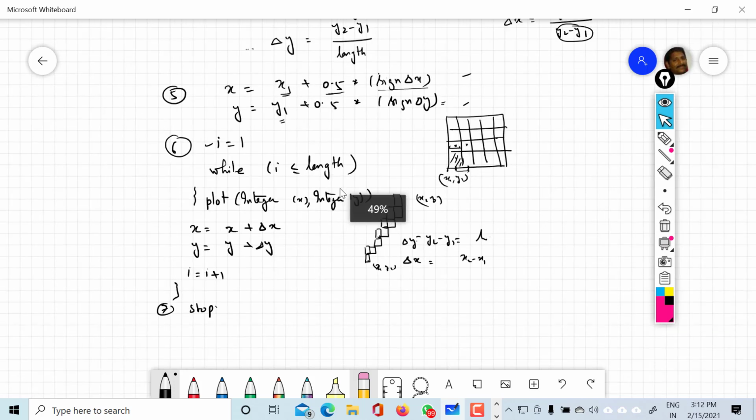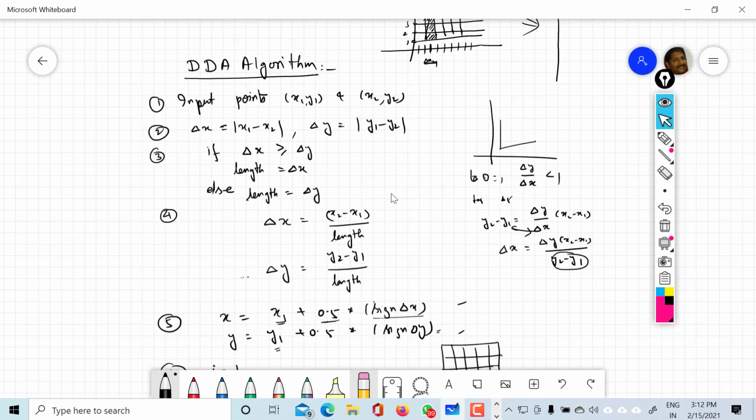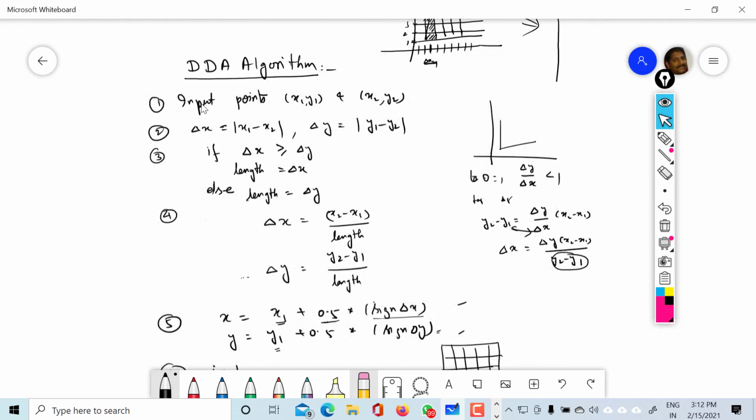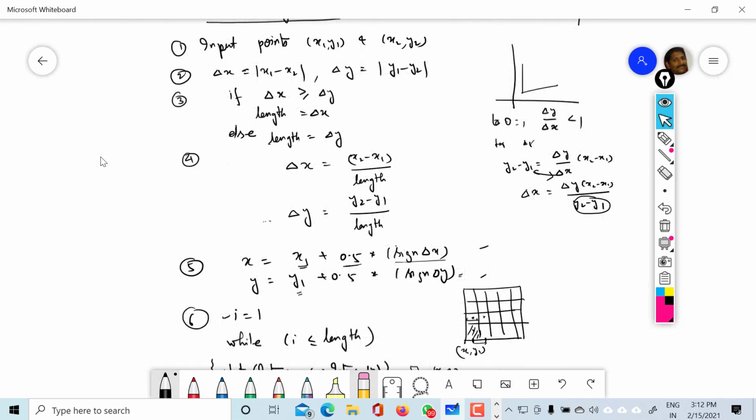I am repeating the algorithm one more time. First of all, you will input the 2 points. After that, in the second step, you will calculate delta x and delta y. If delta x is larger, you will take delta x as the base, otherwise you will take delta y as the base.